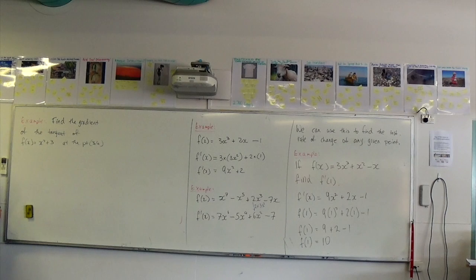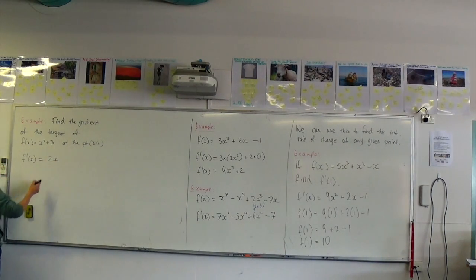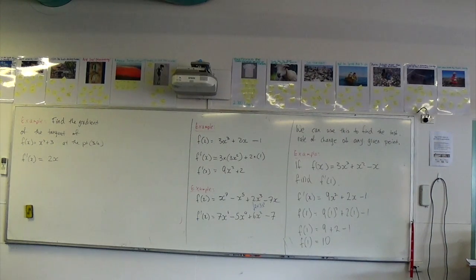So what are we going to find? Yeah, we're going to find f dash of x. It's 2x, plus 1. What happens to the number? Nothing. So it's just f dash of x equals 2x.